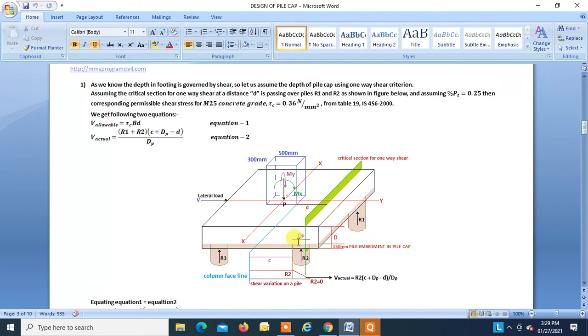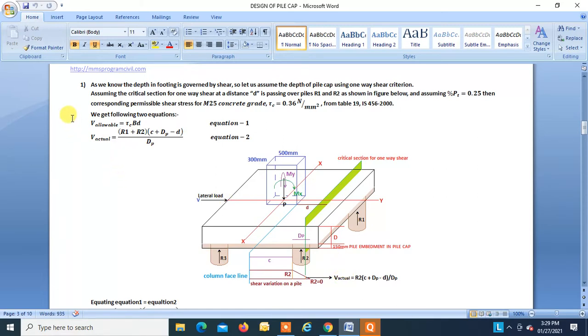If this section had fallen over here, then it will carry the full value of the reaction, so shear force will be equal to R2. But if this section falls in between these two, then we have to find the ordinate, and that will be your shear force.